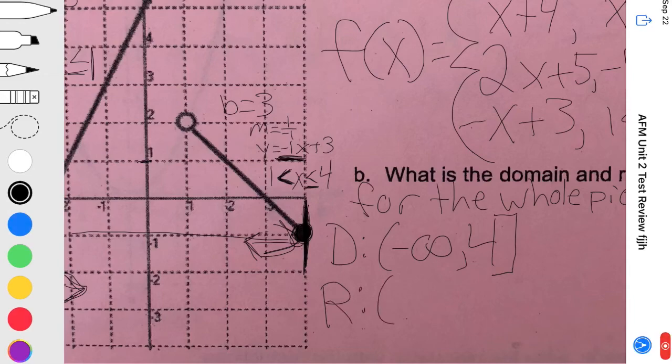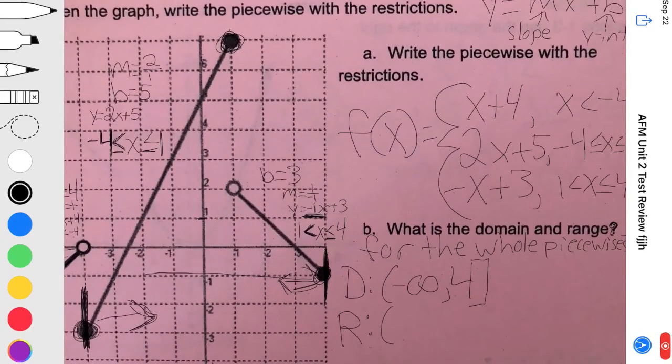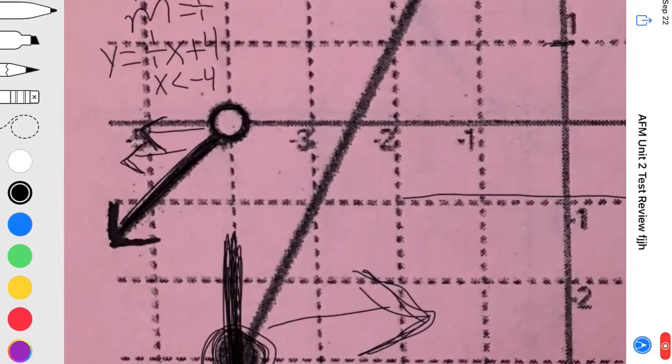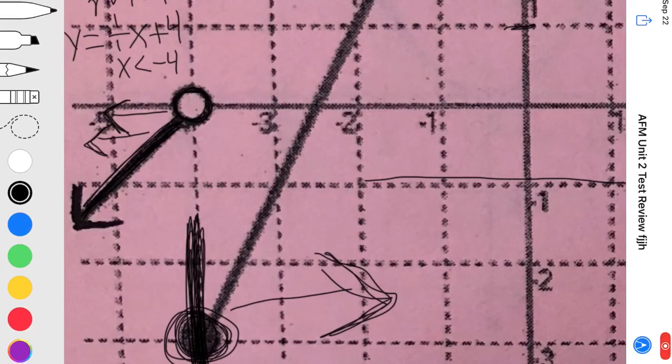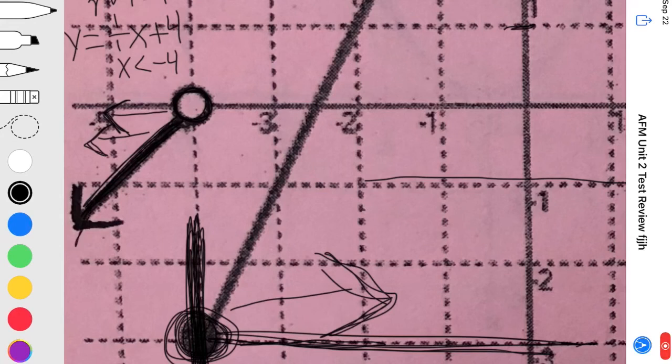Our range is our y values. Now, this is the trick. Yes, as of how it looks, our smallest y value is in step 2, where y is negative 3. But our step 1 keeps going downward forever and ever.